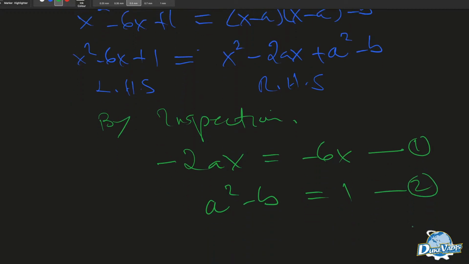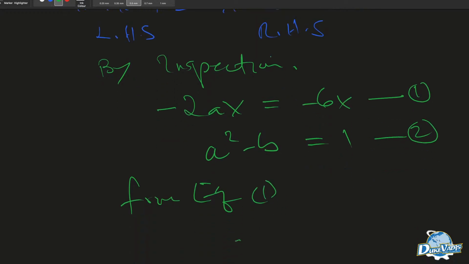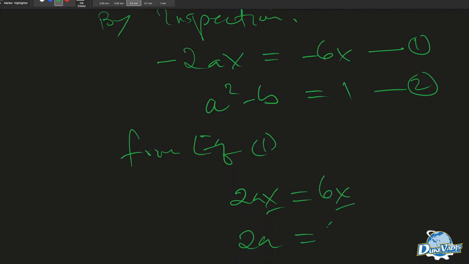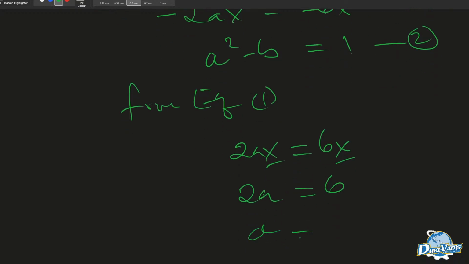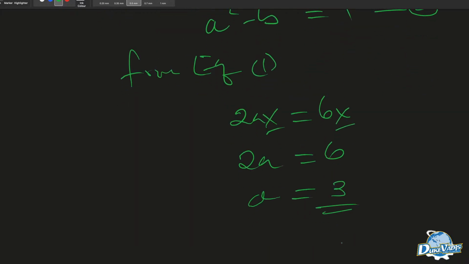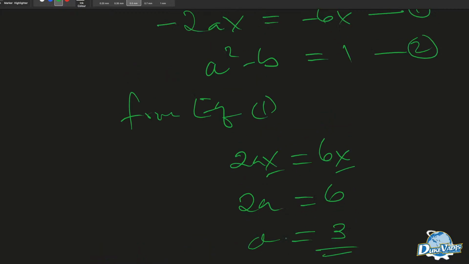From equation 1, we have 2ax equals 6x, so the x cancels, and we have 2a equals 6. Therefore, a is equal to 3. After getting the value of a, we'll substitute a equals 3 in equation 2.